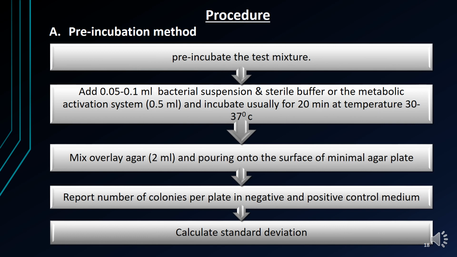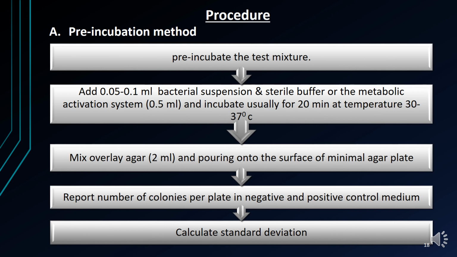Next is the procedure for the pre-incubation method. The pre-incubation method involves pre-incubation of the test mixture. Then to that test mixture, 0.05 to 0.1 ml of bacterial suspension is added.